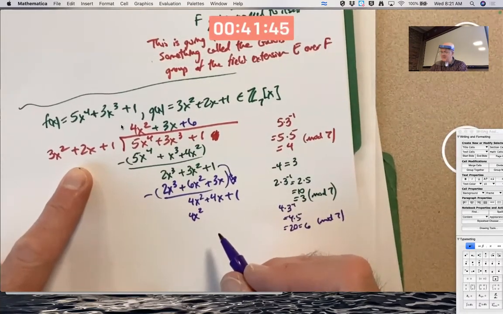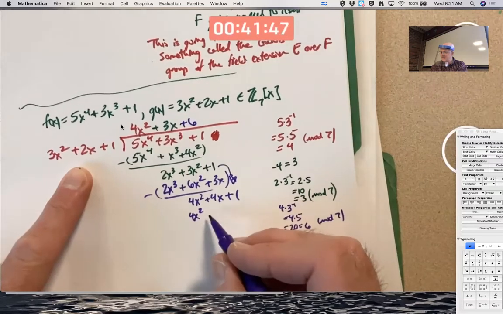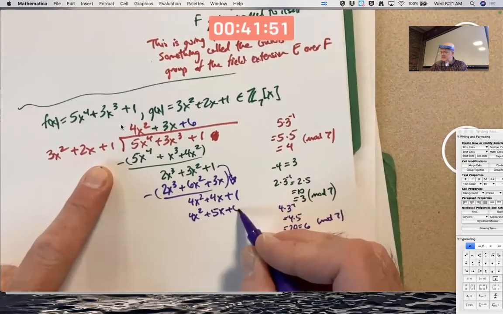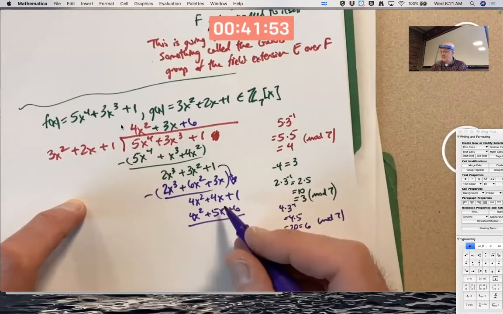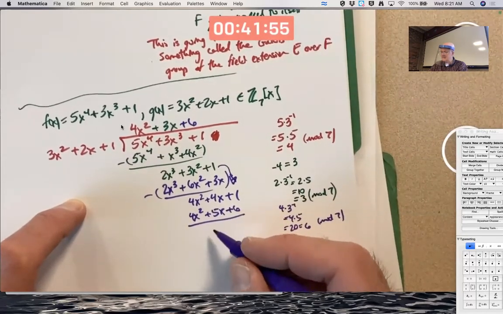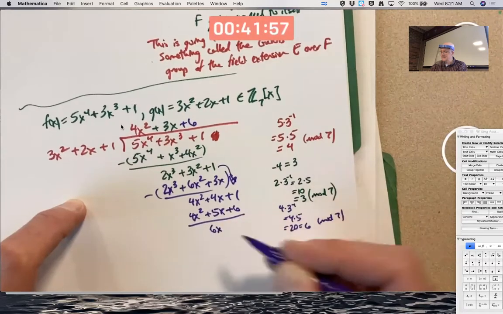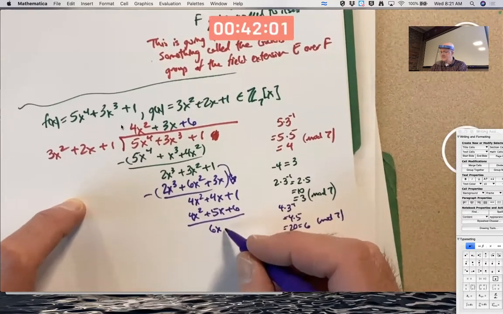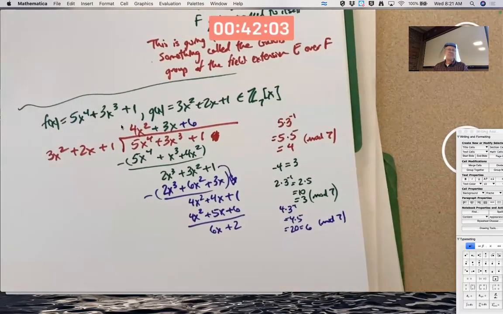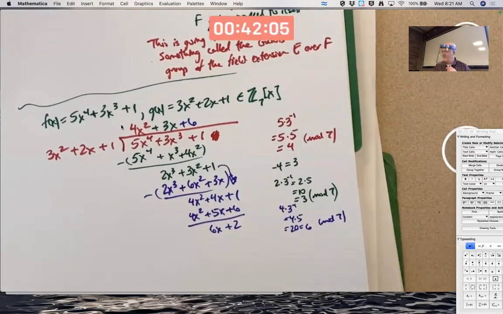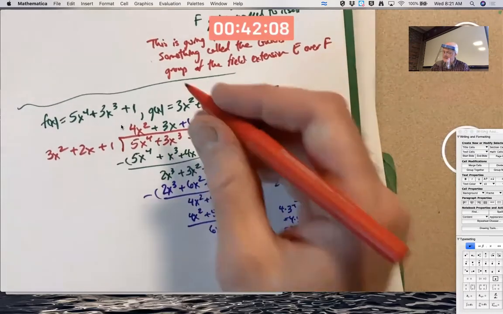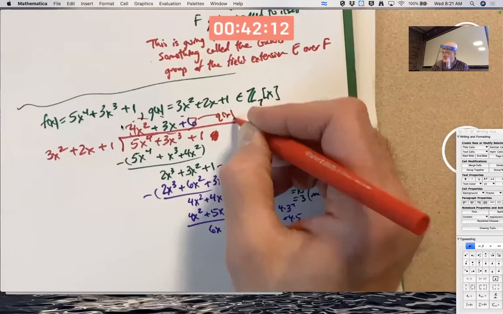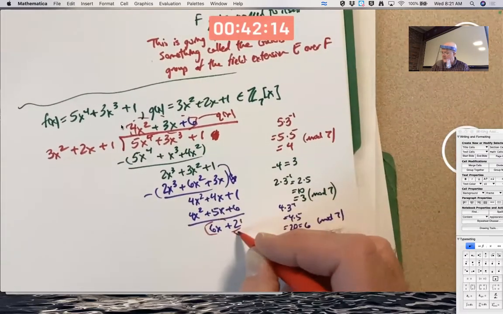Mod 7 for the coefficient would give you 5x. 6 times 1 is 6. Subtract. 4x minus 5x is -x. Mod 7, that's the same as 6x. 1 minus 6 is -5. Mod 7 is +2. So if I've not made any mistakes here, there's your Q of x, your quotient, and here is your R of x, your remainder.